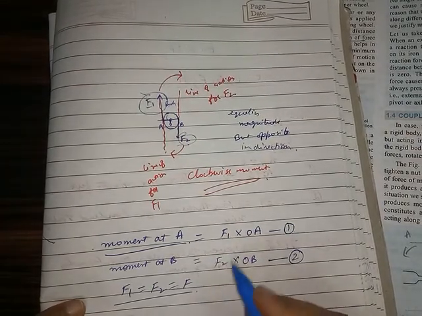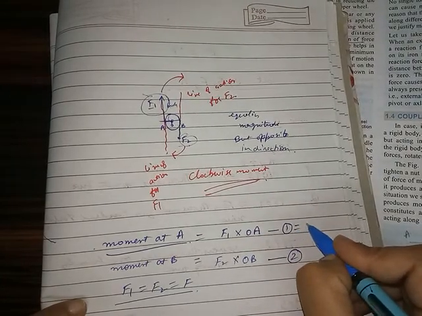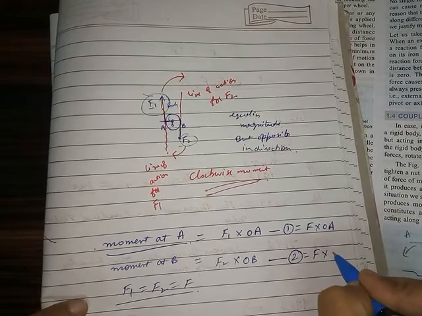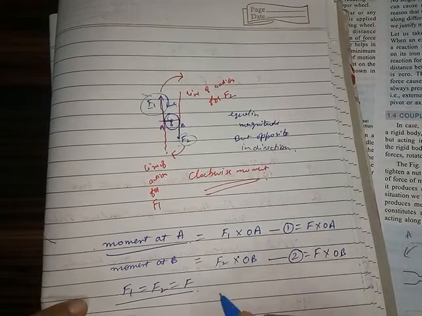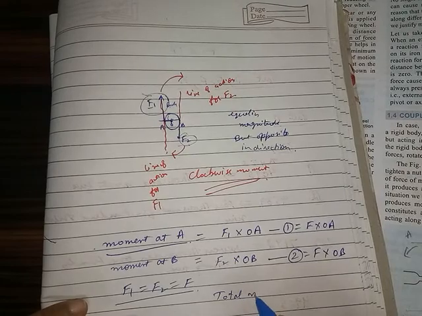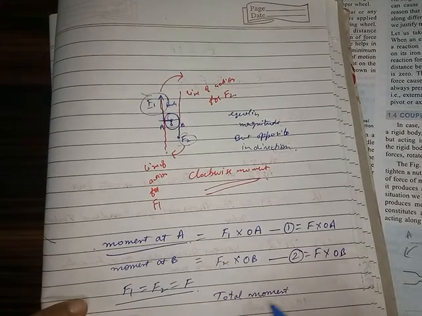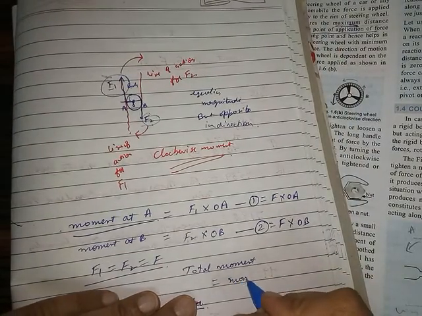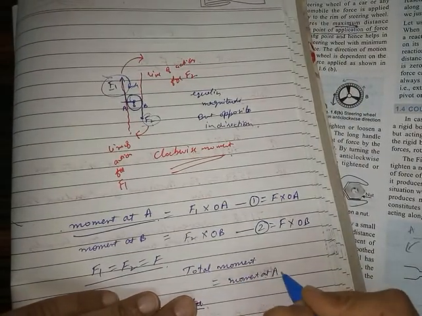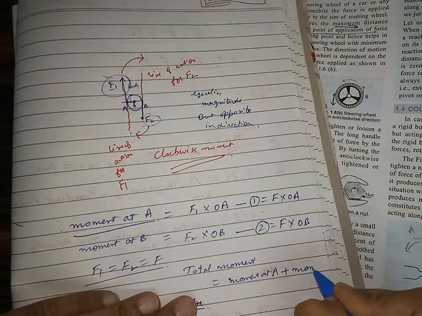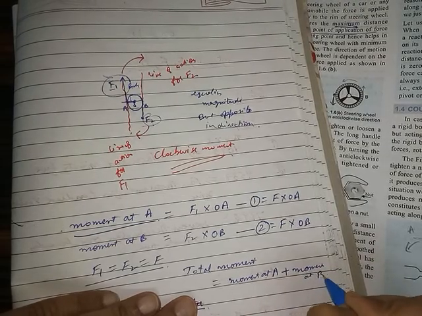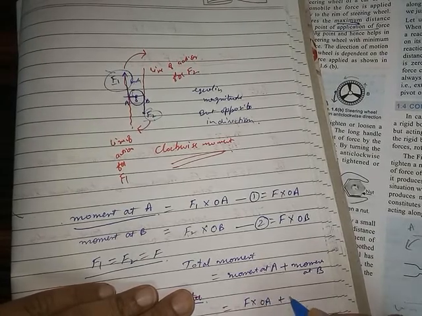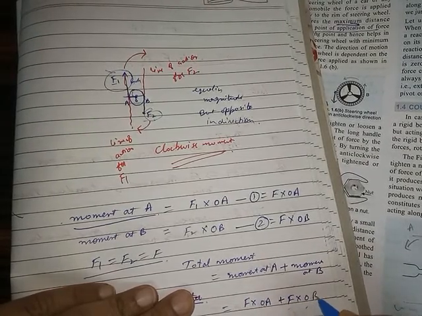So this becomes F into OA, and this becomes F into OB. Now the total moment is moment at A plus moment at B, so F into OA plus F into OB.